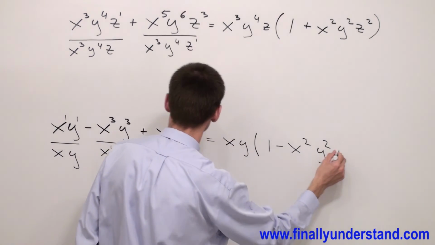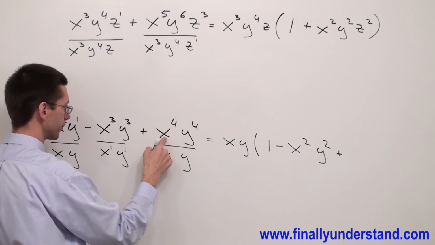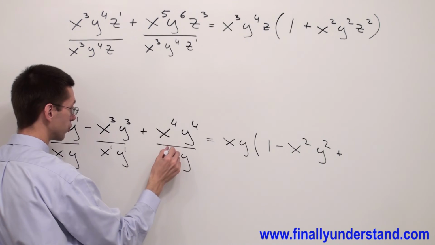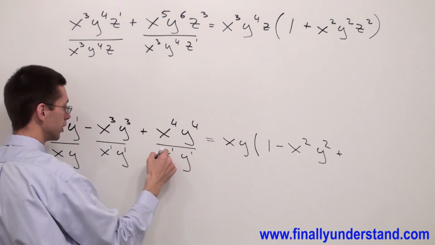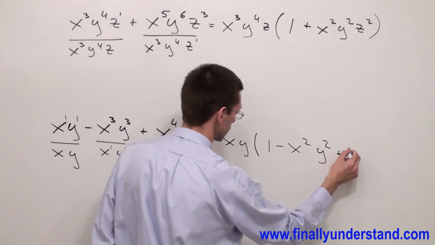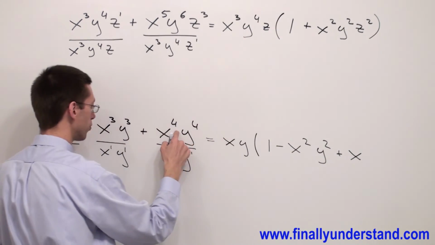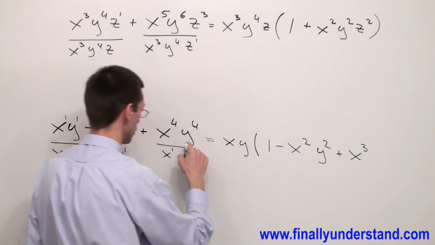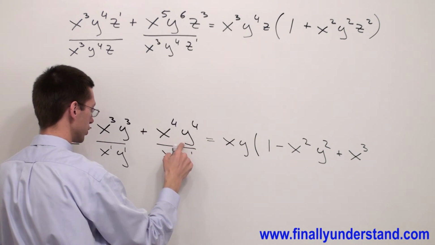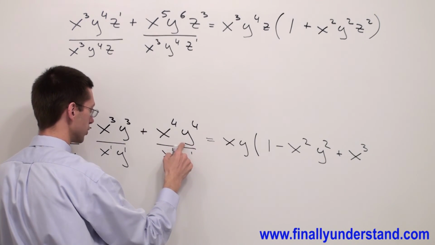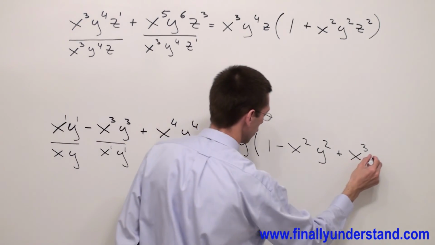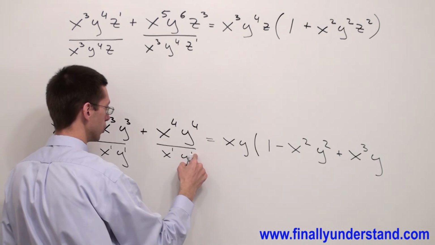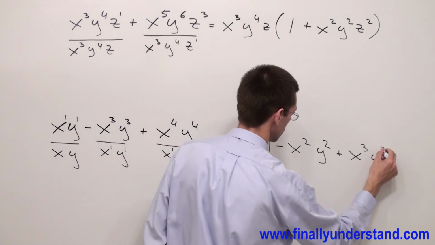Plus, again I have division. Anytime I divide, I'm supposed to keep the base and subtract the exponents. I'm going to have x, 4 minus 1 is 3. I have division. Common base in this case is y. I keep y and subtract the exponents. 4 minus 1 is 3.